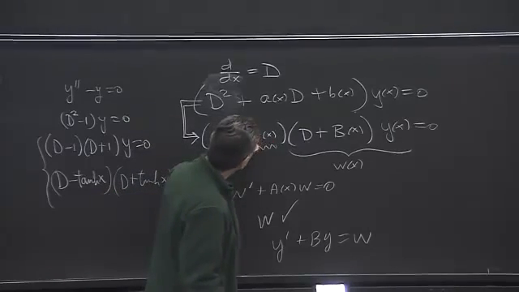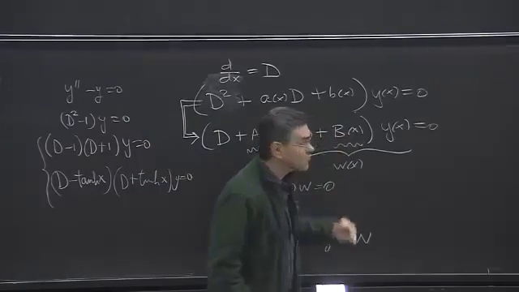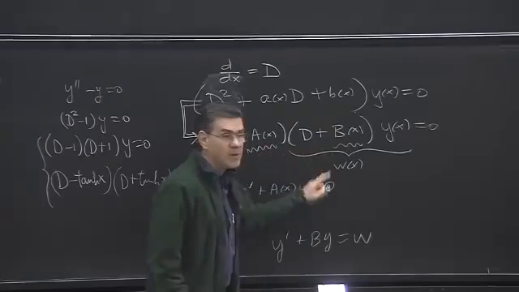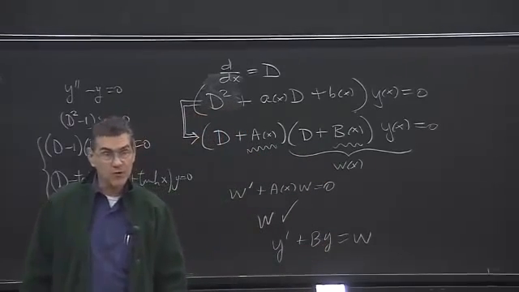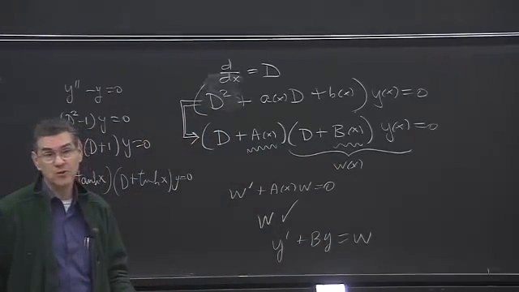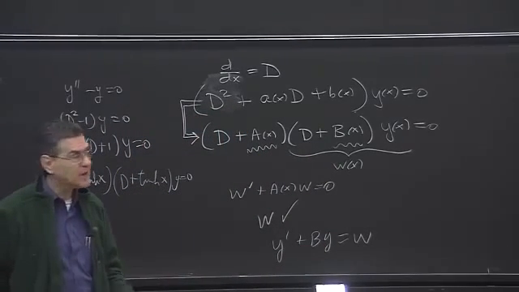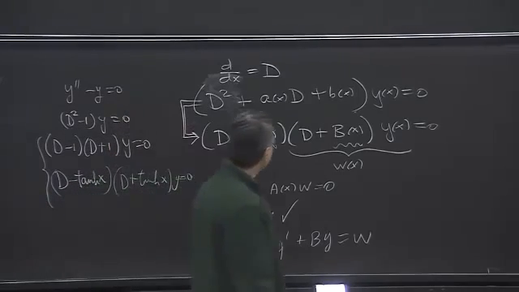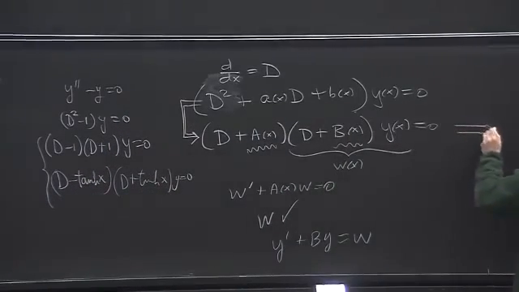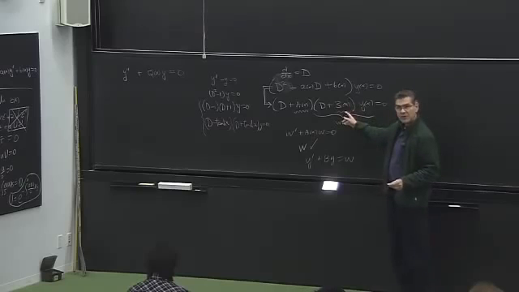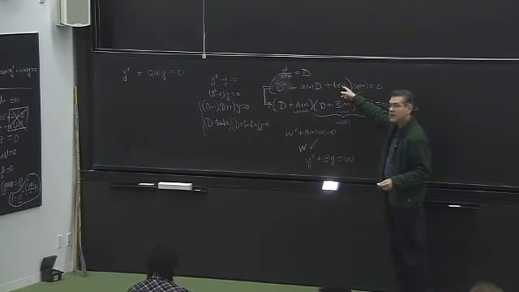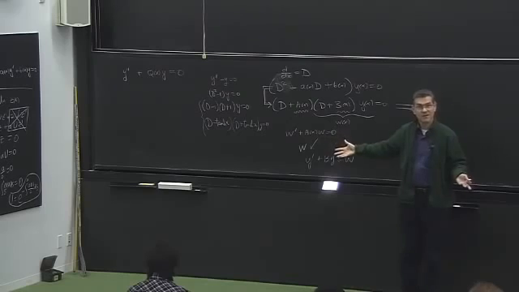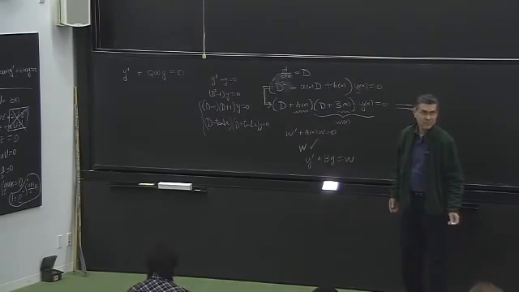We have to find out what this function A is and what this function B is. And once I know A and B, I'm done. So all I have to do is find two functions, capital A and capital B. So in order to find those two functions, what do I do? I multiply out the factors, and I compare it with this, and I'm done. Right?